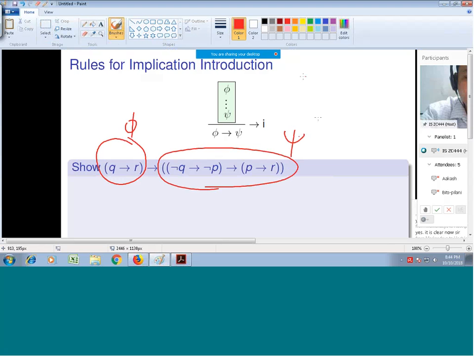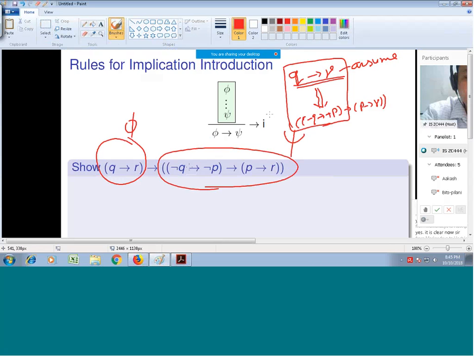If you start with Q implies R, and in itself you do something, and you reach this particular thing, minus of Q implies minus of P implies R. If you reach this particular conclusion, okay, if you start with this, this can be your assumption. Okay, because it is inside, it is not affecting anything outside. So if you can reach this particular point, then you can write this line directly.